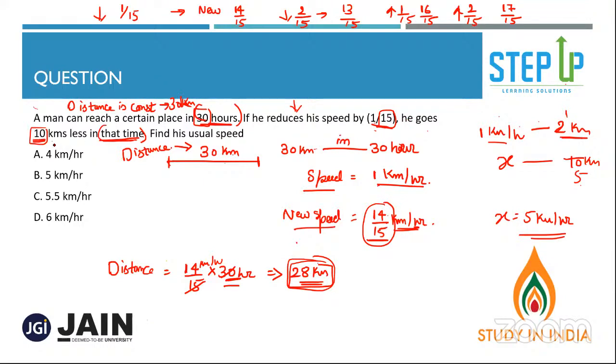So I'm traveling 2 kilometer less when my speed is 1 kilometer per hour, but actually I'm traveling 10 kilometer less. So for 10 kilometer less, what will be my speed? Try to find out the analogy. This is equal to this.